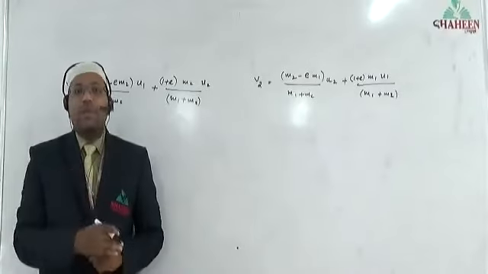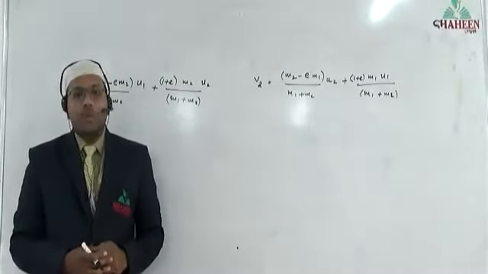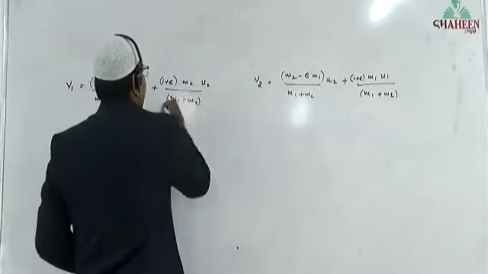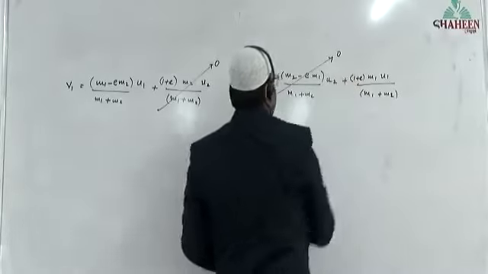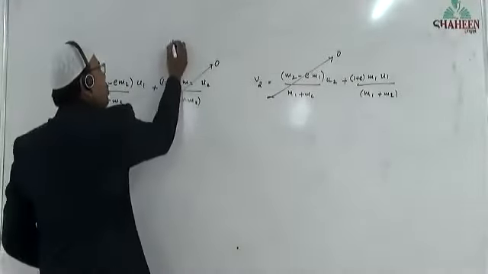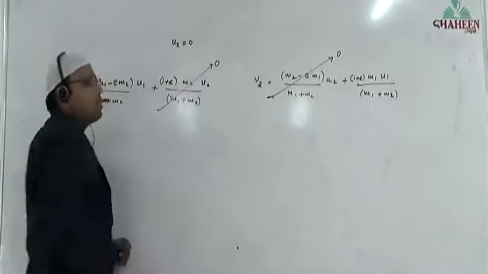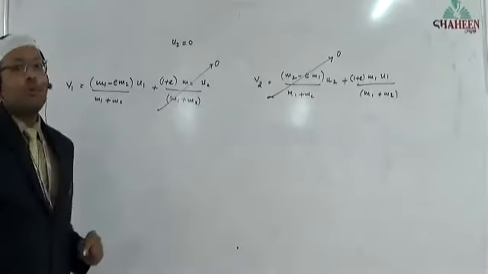So the initial velocity of the second object is 0. Therefore, wherever u2 is there, that part will become 0, because u2 is 0 as the second object is at rest.